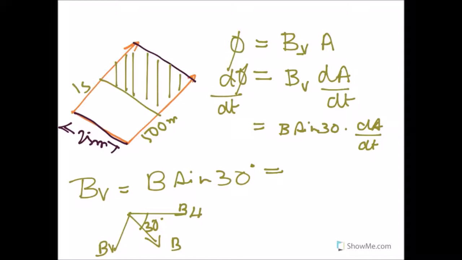Again, the area of the loop being length into breadth, the breadth remains constant. So it is B sin 30 into breadth into dl/dt, which is nothing but the velocity.